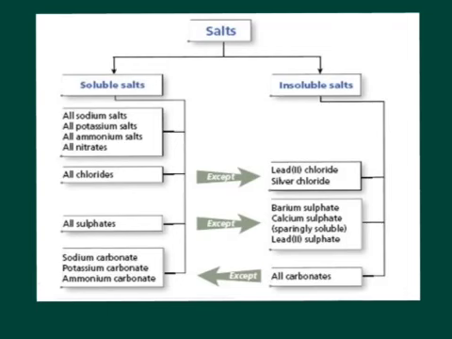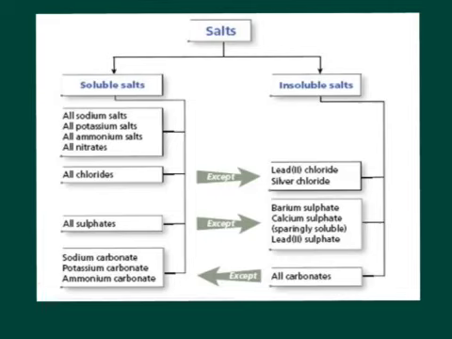So our two reactants were potassium iodide, and it says here all potassium salts are soluble, and lead nitrate, and it says here all nitrates are soluble. And so I know I have two soluble compounds in aqueous solution.